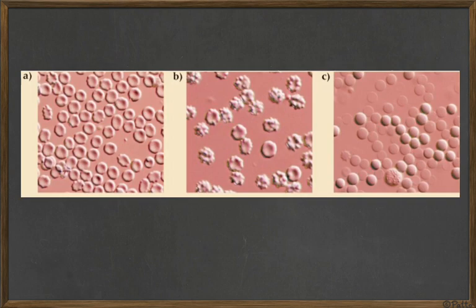Okay, now that you unpaused the video, or you thought very quickly, what is the concentration of solution C? If you said hypotonic, you said it right. Because as you can see here, these red blood cells are swollen, meaning that water is moving in much more than water is moving out.